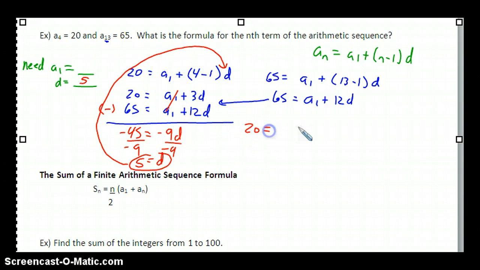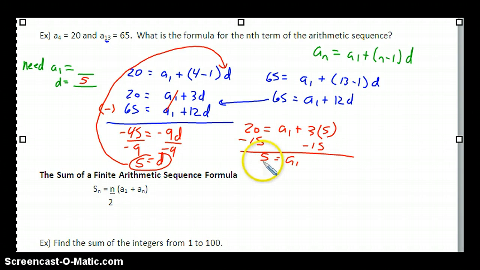So 20 equals a sub 1 plus 3 times d, which is 5. That's 15, so I'd subtract 15. And I find that my a sub 1 is also 5 for this problem.